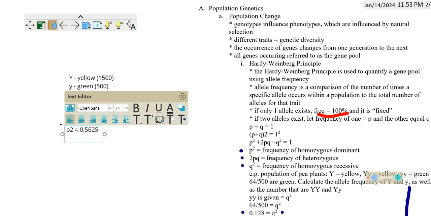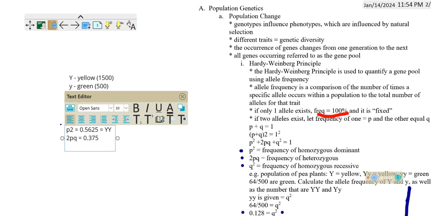2PQ, and thinking back to this, for our situation here this is big Y, big Y. 2PQ is going to be equal to 2 times 0.75 times 0.25, and we end up with 0.375 or 37.5%.